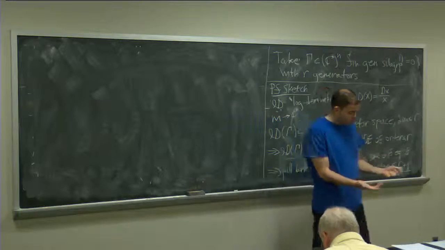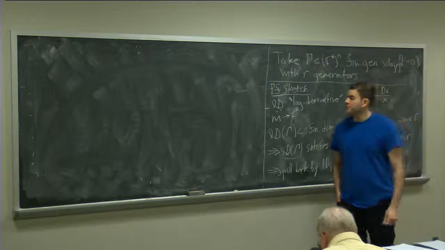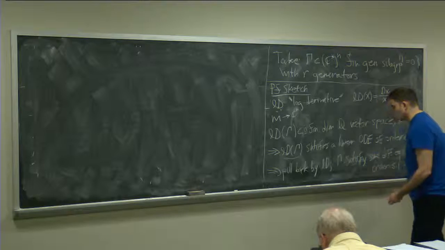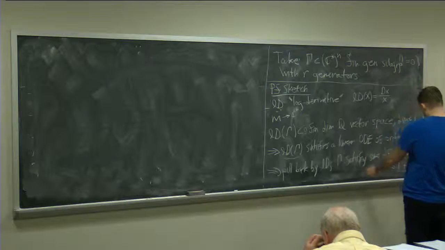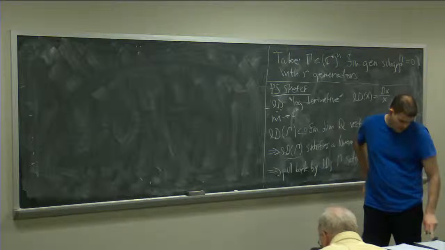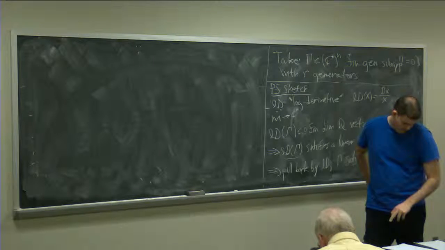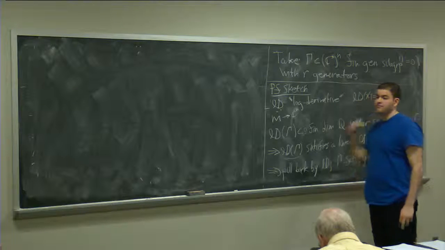Okay, so now what to do? I want to apply the theorem. Let me call this: gamma satisfies some system of differential equations. Before you do it, is there any chance you could do some really simple example?